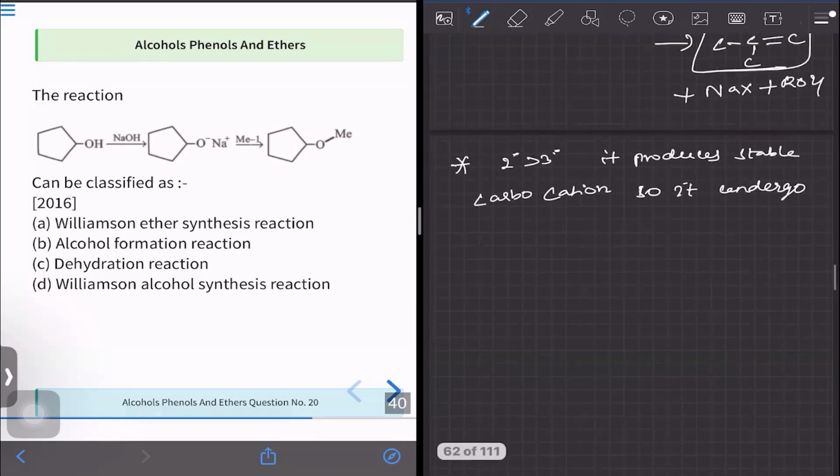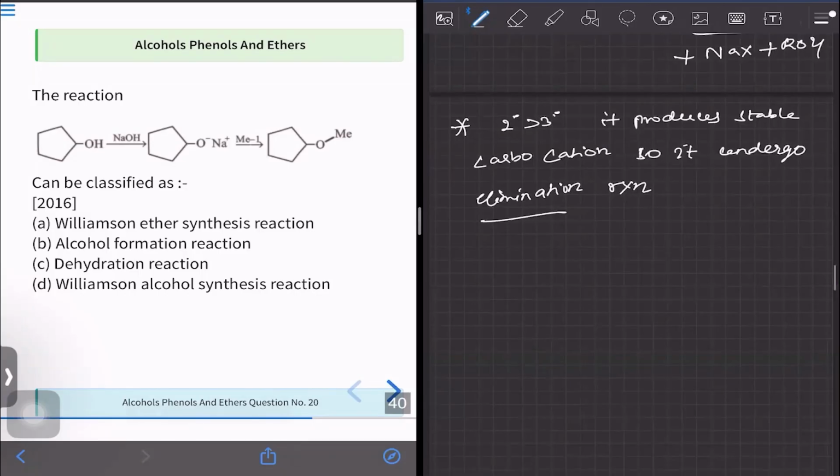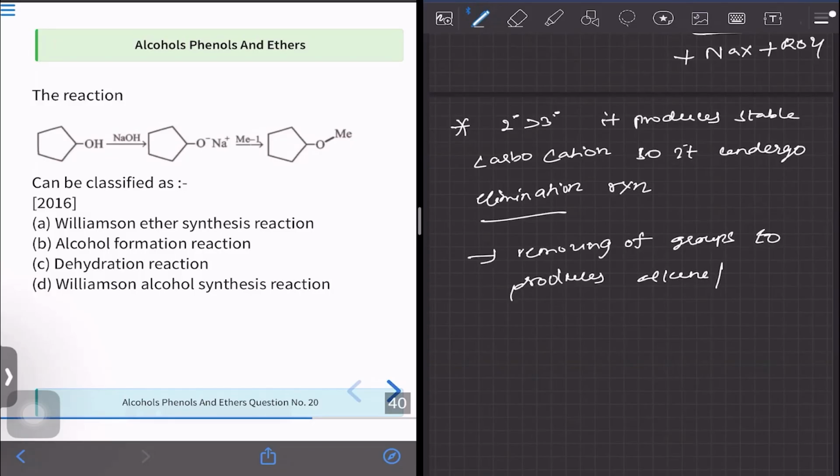So it undergoes an elimination reaction. What is meant by elimination reaction? It means removing of groups to produce alkenes or alkynes.